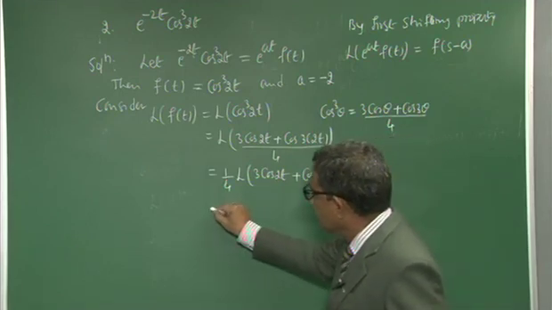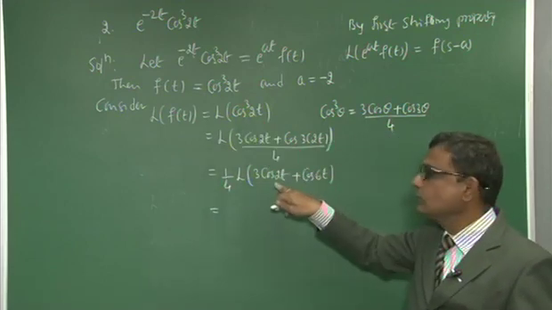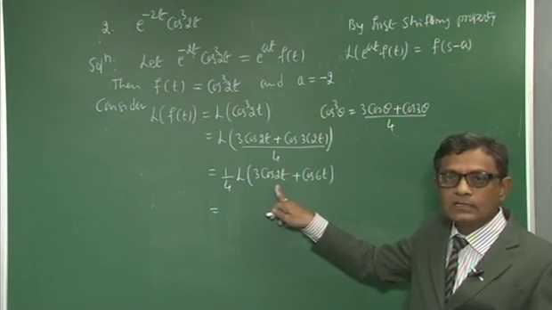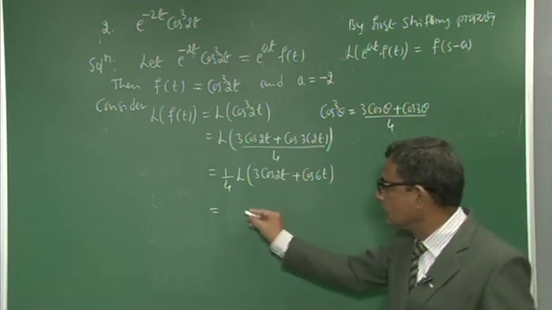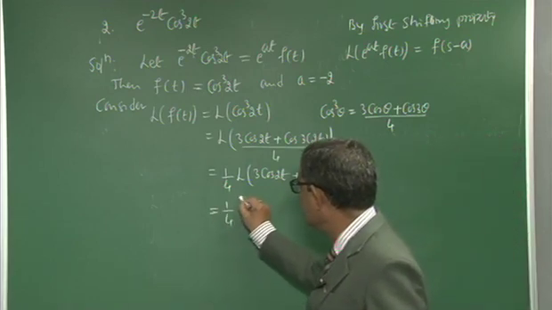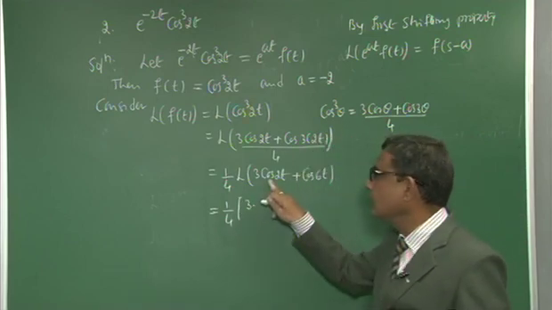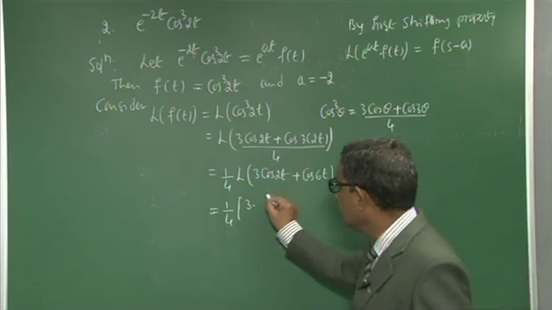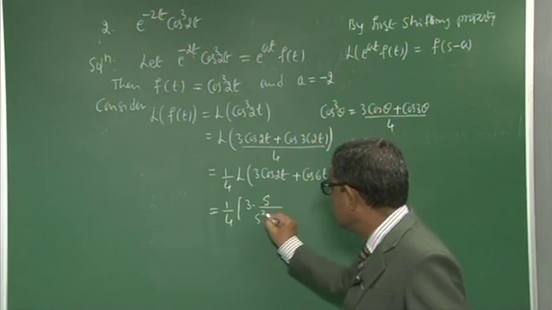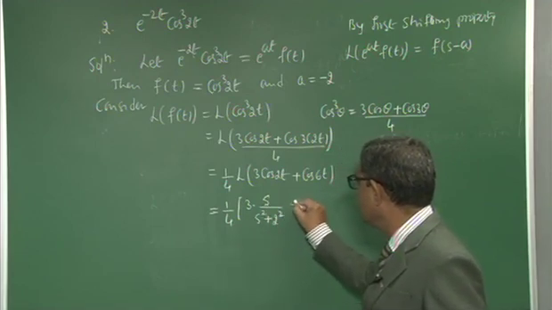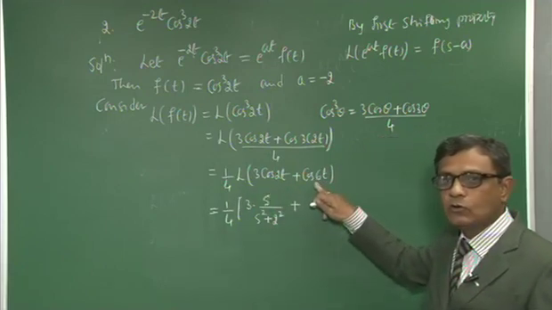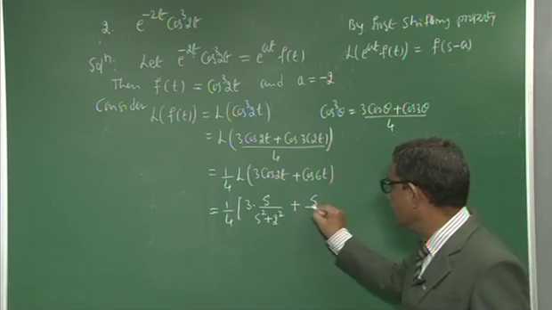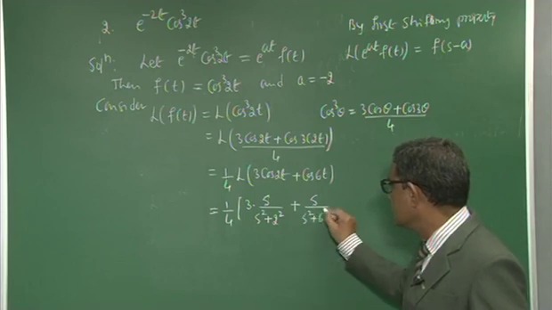Now the given function reduces to the standard form, and you can apply the corresponding Laplace transform formulas. 1 by 4 you keep as it is, then 3 is constant, L of cos 2t is L of cos at, a is 2 here, s divided by s square plus 2 square, plus L of the second term cos 6t, a is 6 here, s divided by s square plus 6 square.